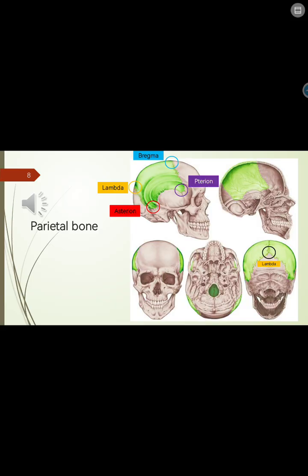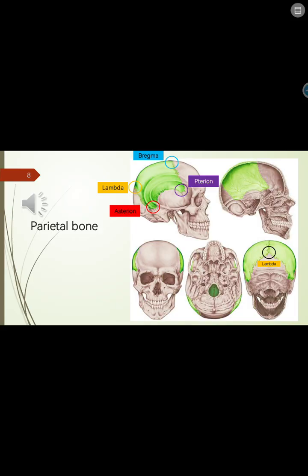The blunt mastoid or posterior inferior angle articulates with the occipital bone and the mastoid portion of the temporal bone at the asterion. In the internal surface of asterion, we have an impression that's related to a sigmoid sinus.